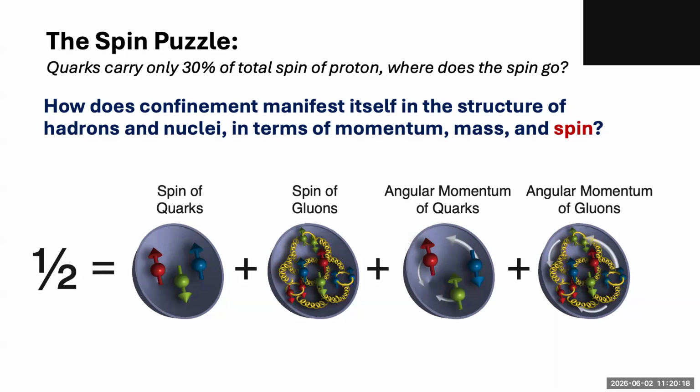Now think about it: you have a proton, you have quarks, many quarks. One way to tell how the spin of the quarks contributes to the proton is that you can polarize your proton this way. This is your proton polarization.